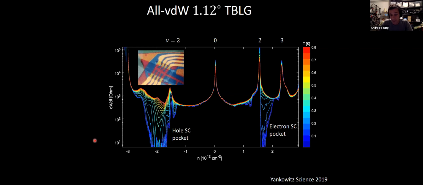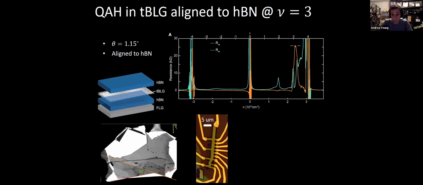But this is basically what the system looks like in the most commonly realized form. In the first part of the talk, I'm going to tell you about what happens under slightly different circumstances. These samples are made by twisting two layers of graphene together. You assemble them one step at a time with a twist angle that you can determine approximately experimentally, and then they're sandwiched between hexagonal boron nitride encapsulating layers.